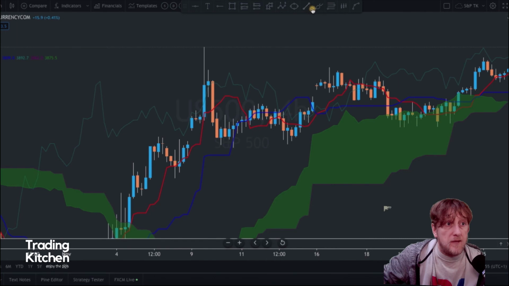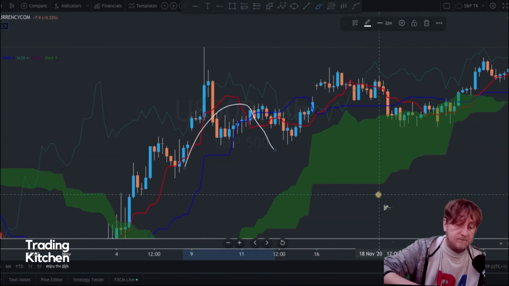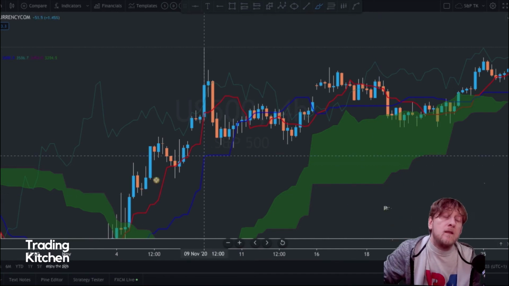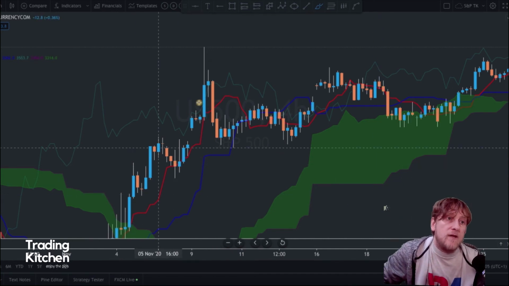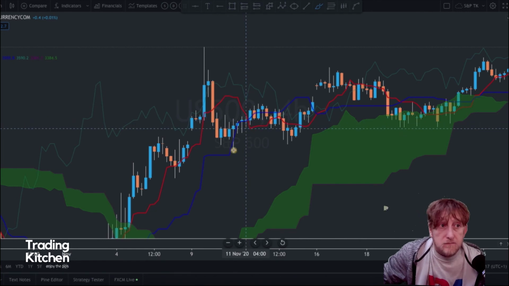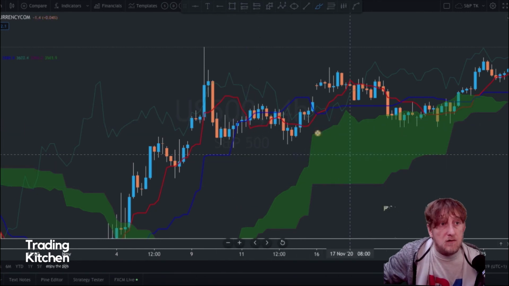Okay, so it makes this kind of cross. In this case we can say that we have a weak bearish signal. Okay, and not strong, just because price is above the cloud.